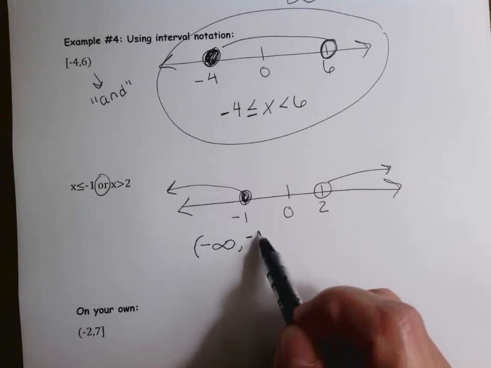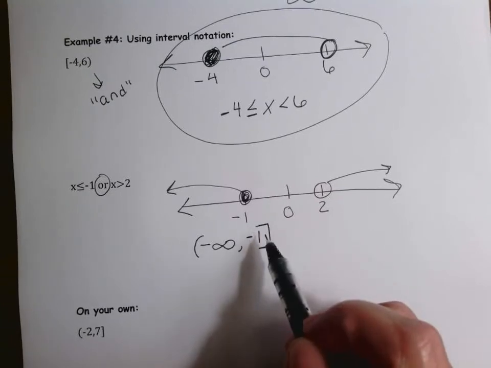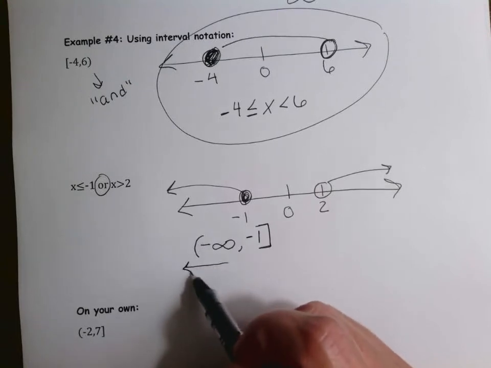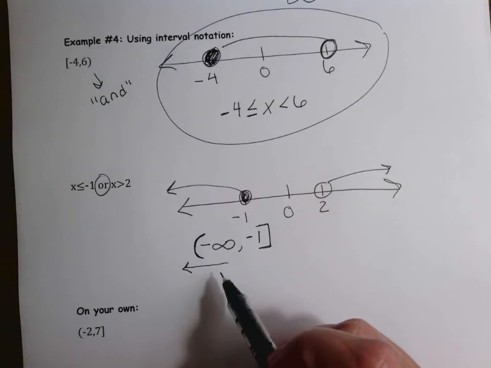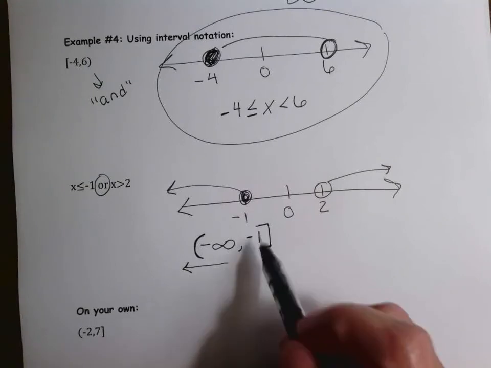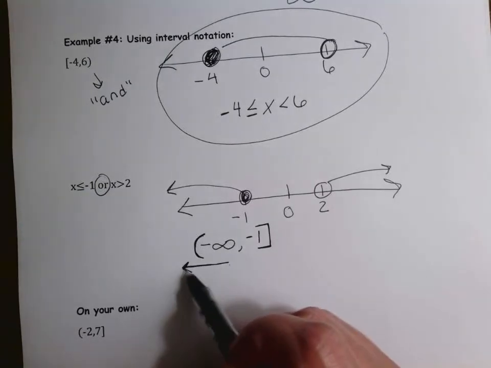I'm starting at -1 inclusive. I'm going towards -infinity, which is always going to have a parentheses because you're never actually going to include -infinity. I'm starting at -1 inclusive, and I'm going all the way out to -infinity.